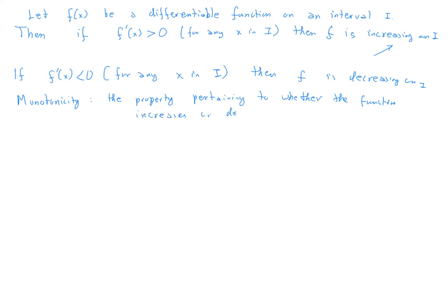And of course, the general picture that we expect is that the function will increase and decrease on different intervals. And that's what we mean by study the monotonicity of a function. So if somebody tells us to study the monotonicity of a function, then what we need to do is determine the intervals over which the function is increasing or decreasing.